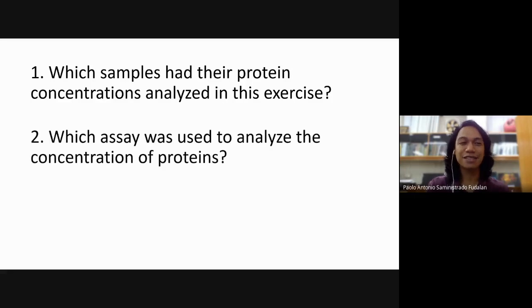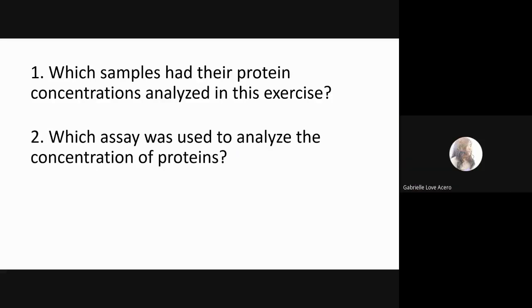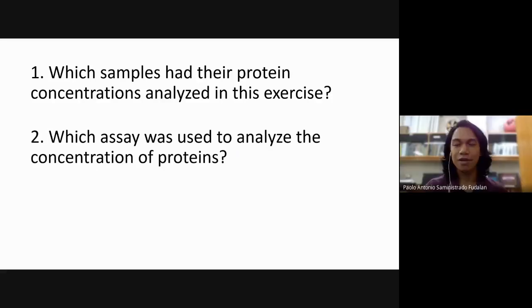Okay, so next. What do you call the assay that we used to analyze the concentration of the proteins? Bradford assay, sir. All right. Can you say something very short, maybe one statement, on what a Bradford assay is? Anyone?